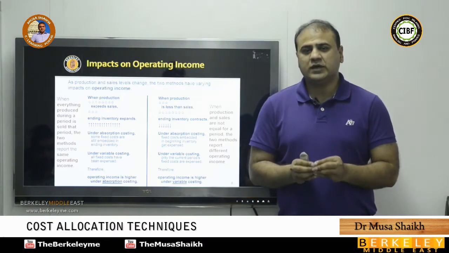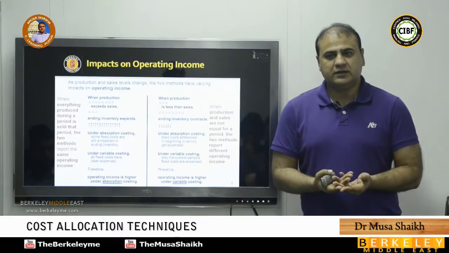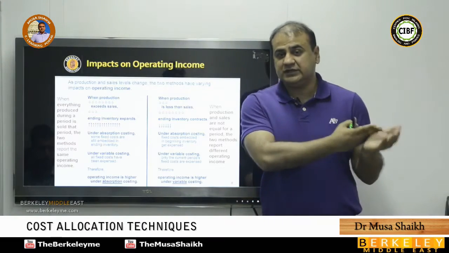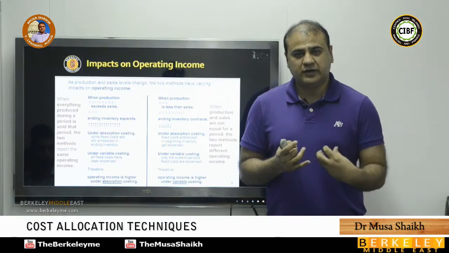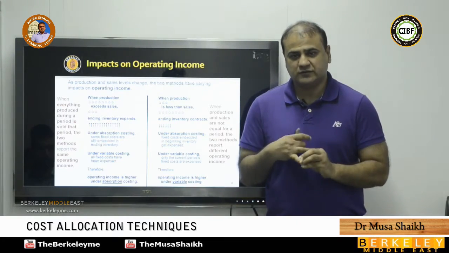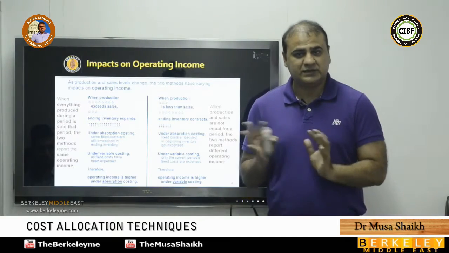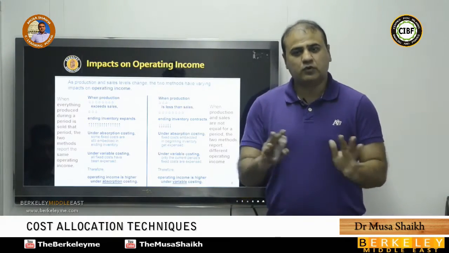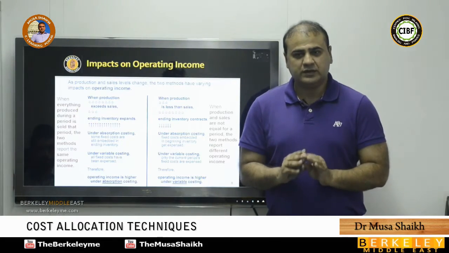We want to see the impact, because if I change the method, it will change my income and my inventory. When we are talking about manufacturing, it is going to hit 2 things: one is cost of goods sold, and one is the inventory, right? So the balance sheet and income statement are both affected by the method you choose.